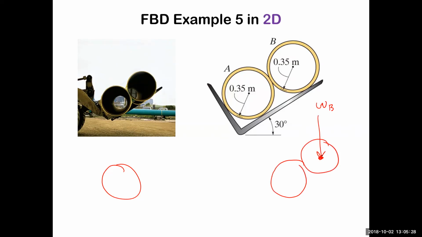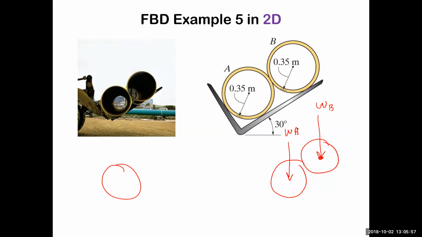Then you have the weight of cylinder A, going right through its center of gravity. And then what would be the reaction forces acting on those pipes? What's keeping those pipes from falling through the fork?